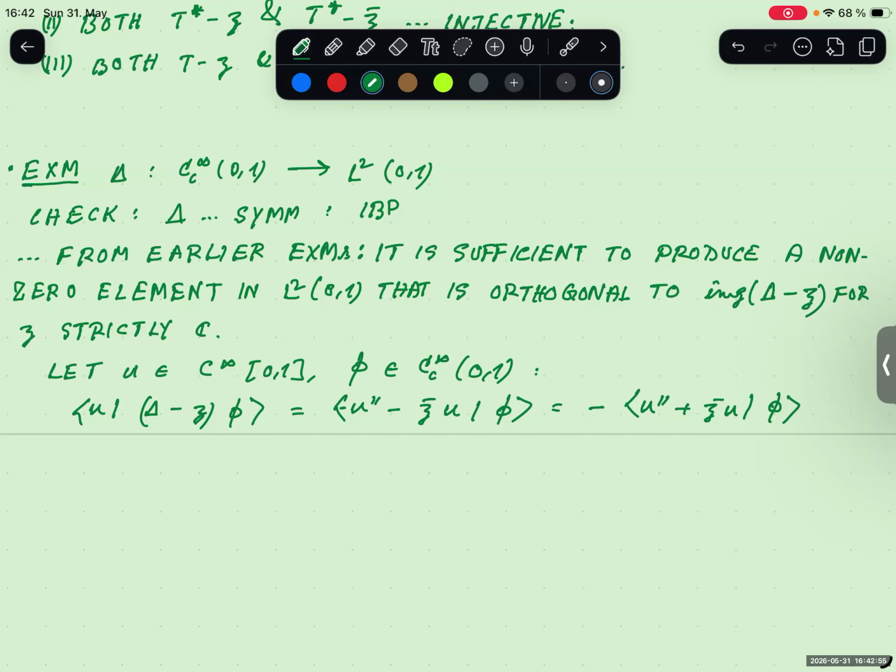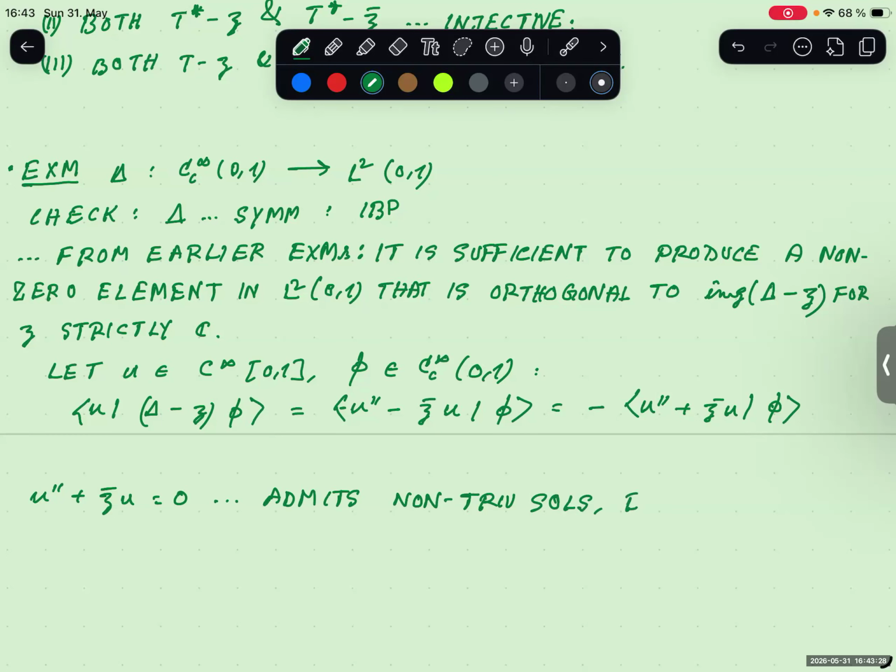So then the equation we have to consider is this. So u double derivative plus z u equals 0 admits non-trivial solutions.